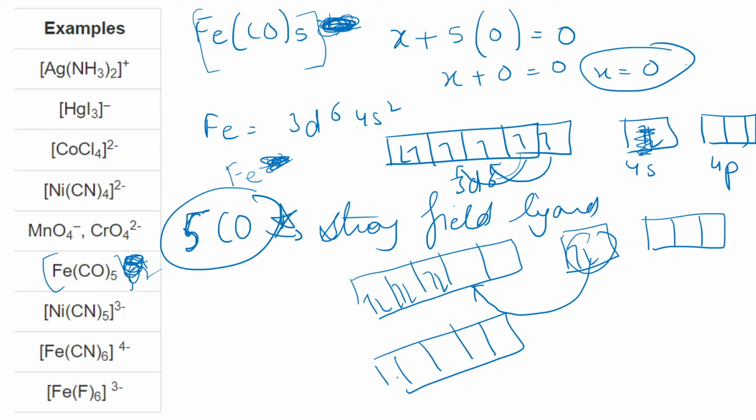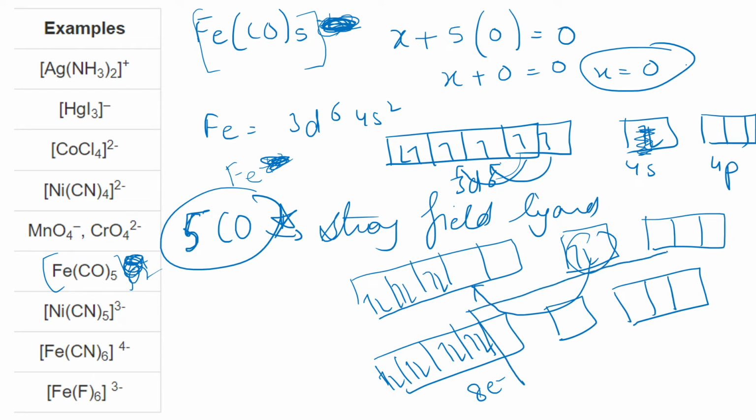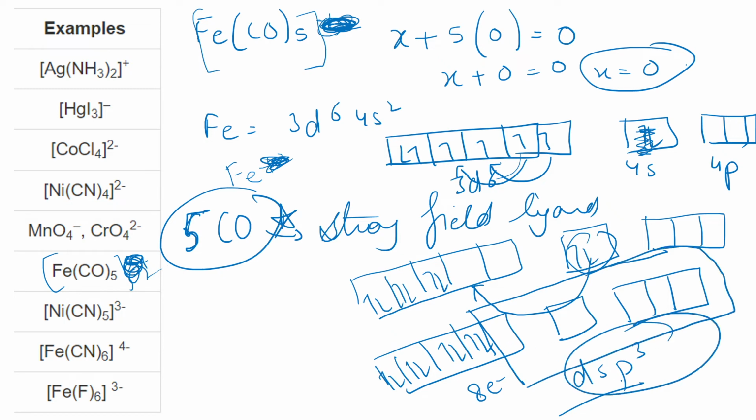So the hybridization will be like this: 1, 2, 3, 4, 5, 6, 7, 8 electrons are filled inside the d orbital, and we have a vacant d, a vacant s, and 3 vacant p. So the hybridization for 5 coordination will be dsp3, and each carbonyl will be donating its electron there.